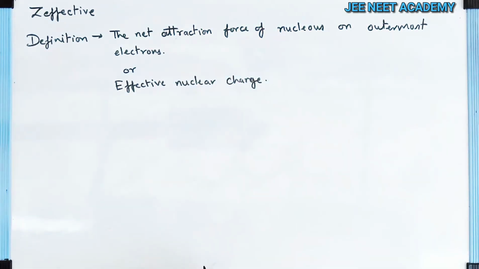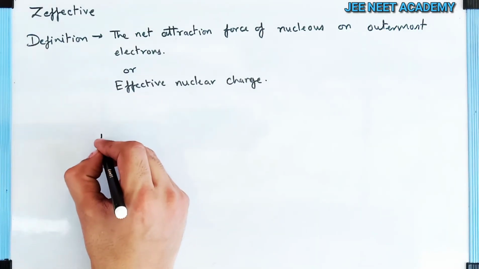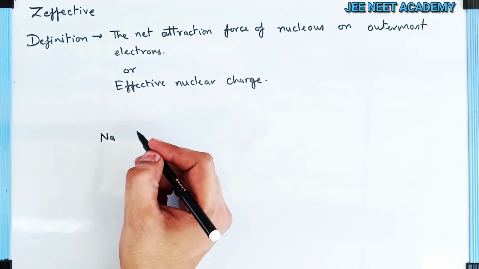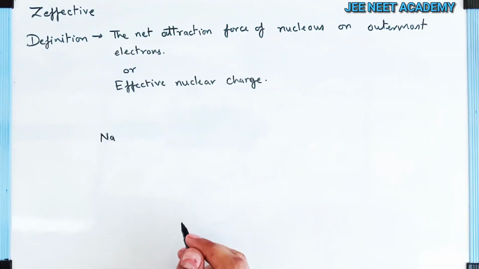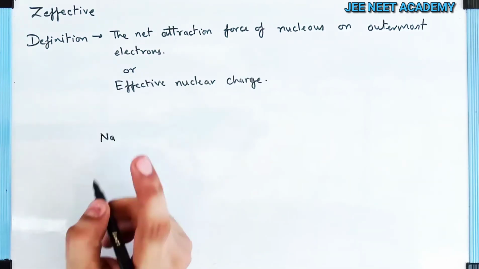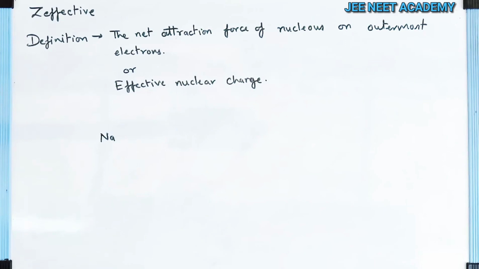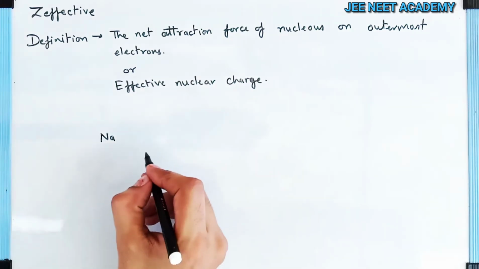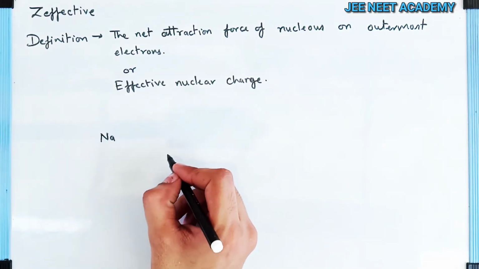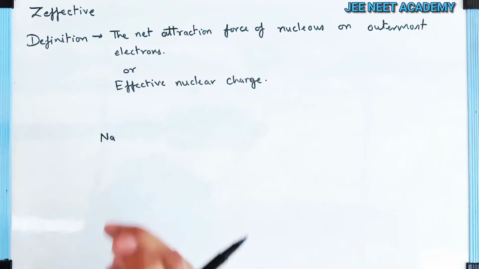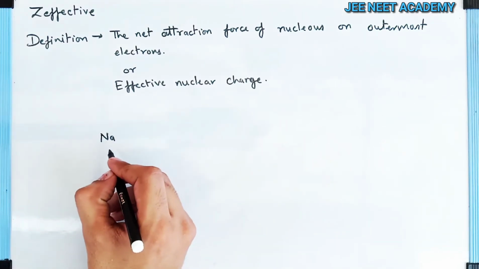In this, we will take an example to understand it better. Sodium will be our example. One sodium atom will have a nucleus and an electron cloud. In the nucleus, protons and neutrons will be there, and electrons will be in the electron cloud.